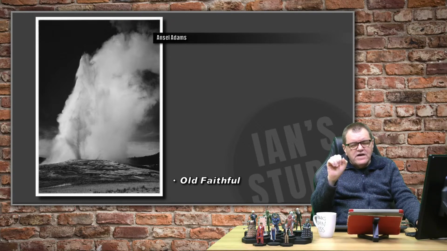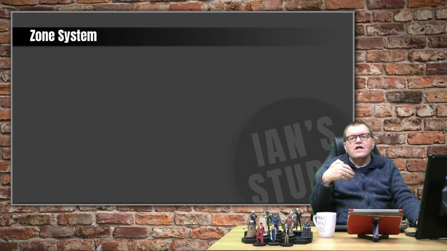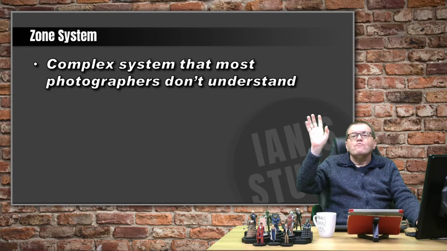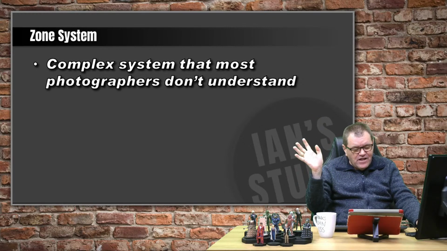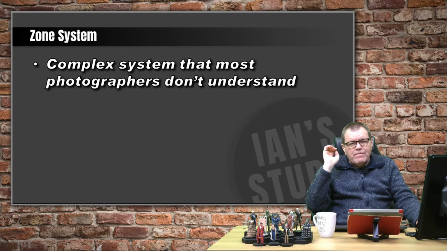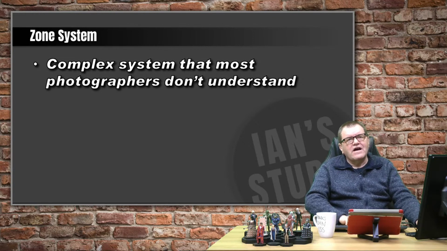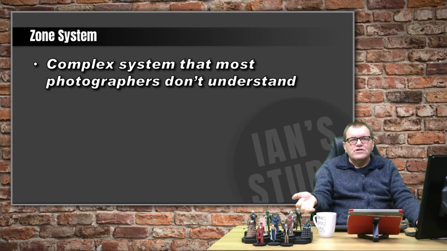How did he achieve it? Well, he created this system that's known as the zone system. It is complex. Most photographers don't understand it, and I'm one that doesn't fully understand it, and I'll admit that, because, to be perfectly honest with you, I can't be bothered learning all the percentages that have to do with how you then develop your images in the lab.